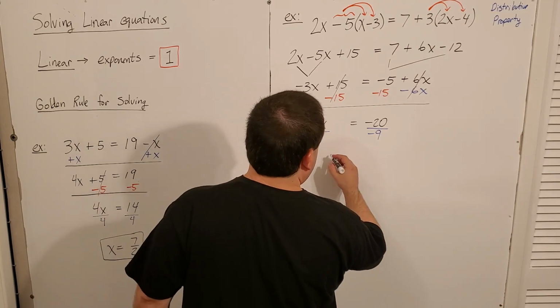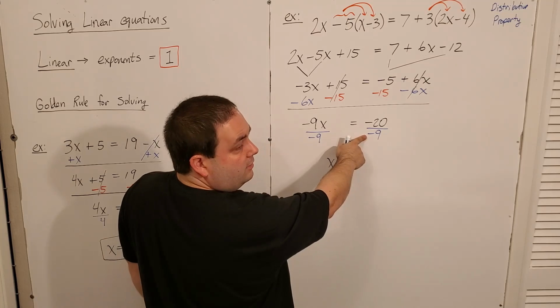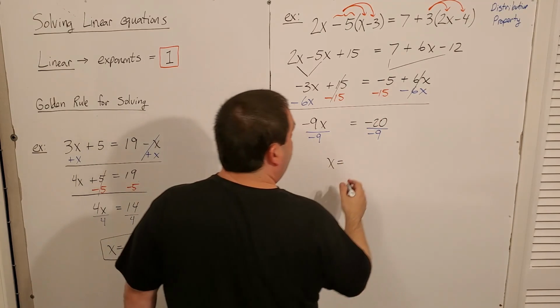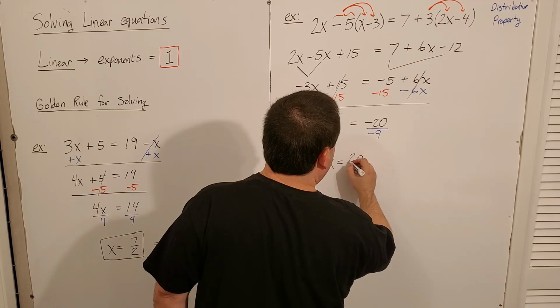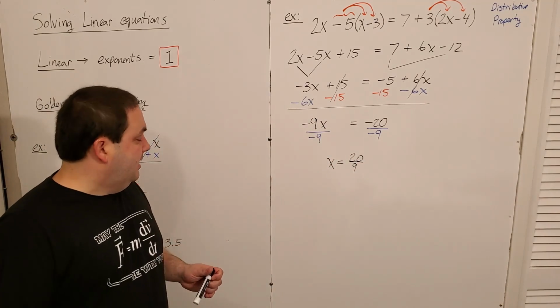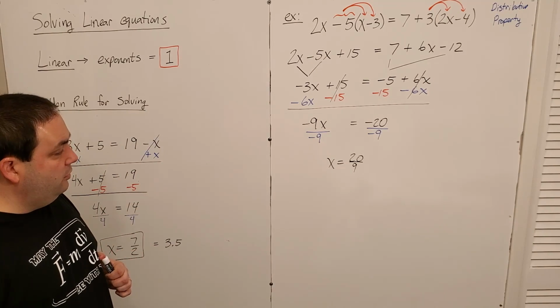So x is negative over negative, right? Two negatives in division is positive. 20/9 does not reduce. So I'll leave it as 20/9. And as I said in the last problem, improper fraction is preferred.